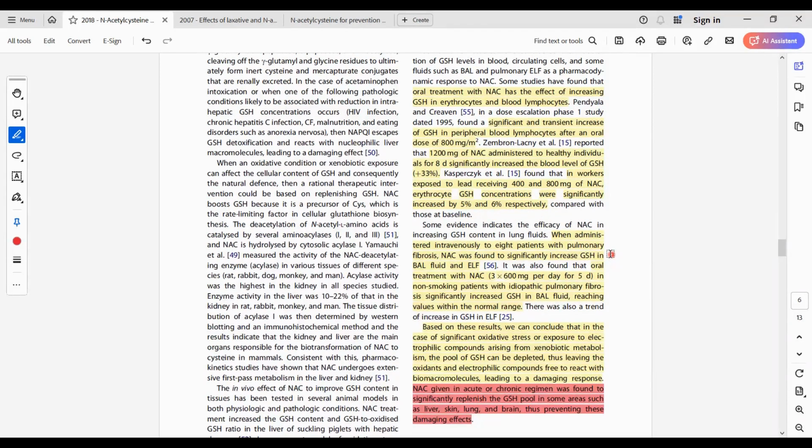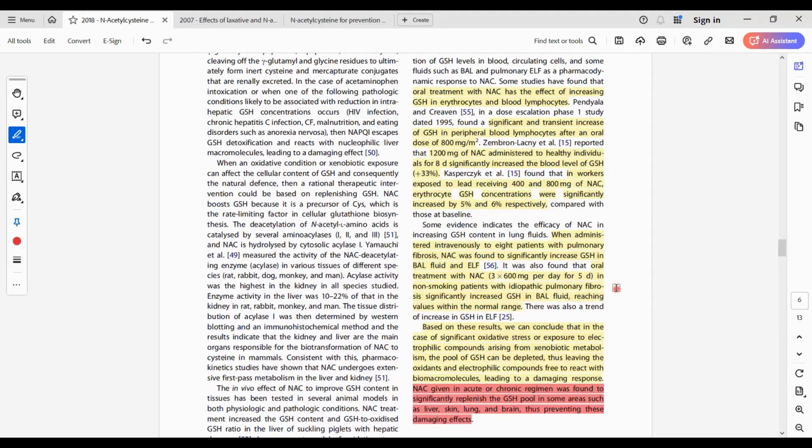When giving IV NAC, 8 patients with pulmonary fibrosis showed that NAC was found to significantly increase glutathione in their lung fluids. So that's very important. It was also found that oral treatment with NAC, given 600 milligrams 3 times a day for 5 days, in non-smoking patients that had idiopathic pulmonary fibrosis, which basically means we don't know where it came from.